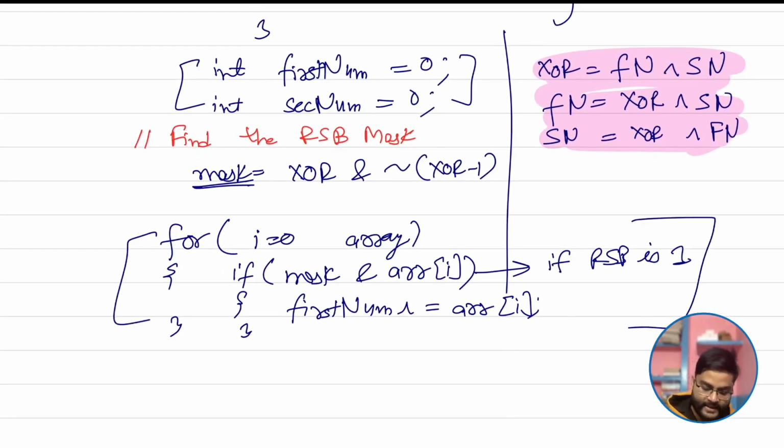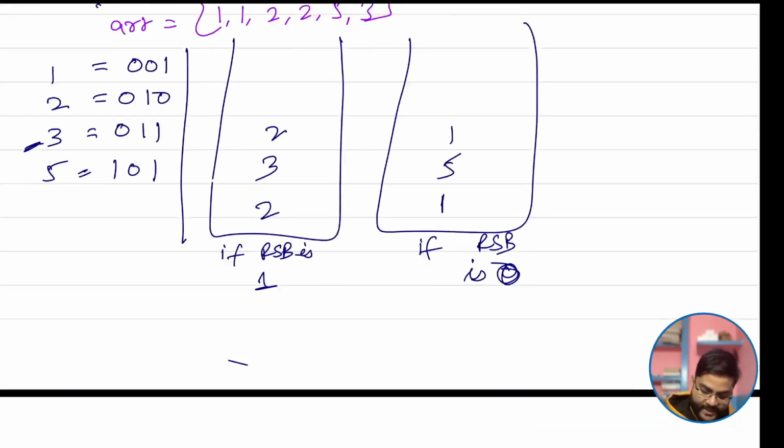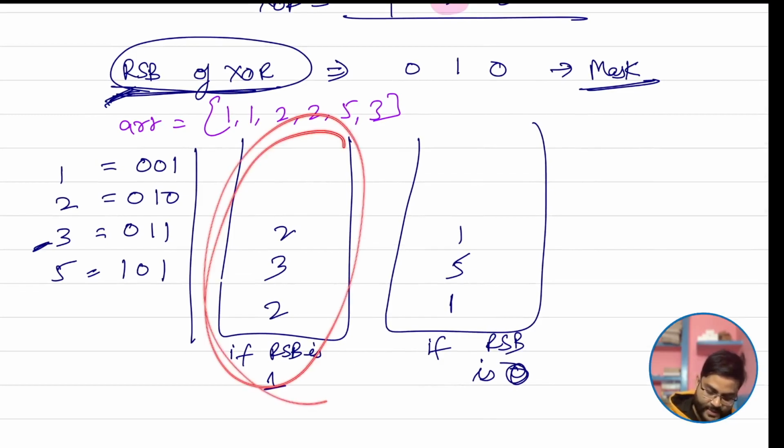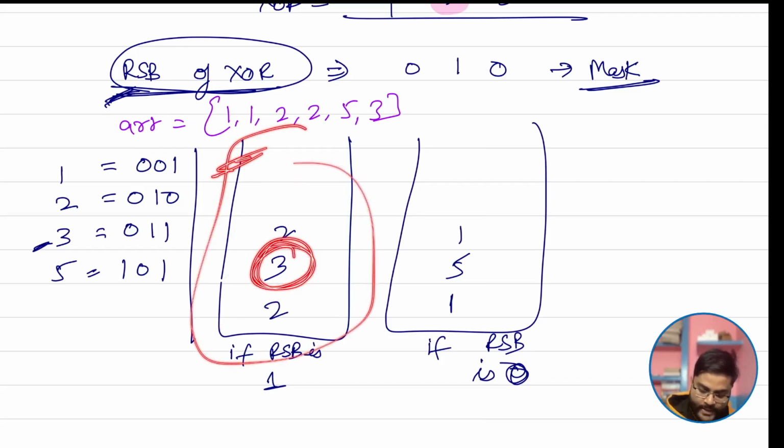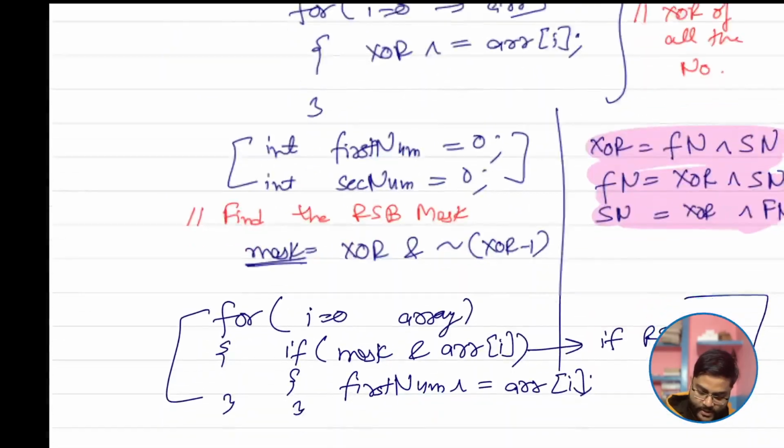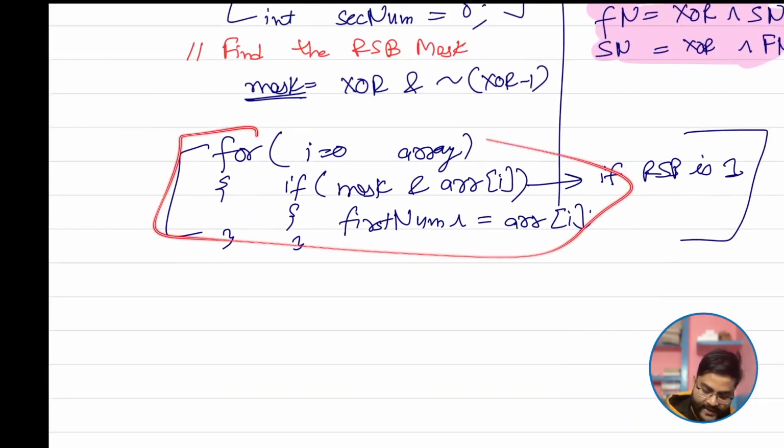Now at the end, I'll get my first number. After putting it in one bucket, let's say I am traversing this bucket, all the repeating numbers will cancel out in this bucket and we'll get our one non-repeating number. So after this loop, I'll get my first non-repeating number.